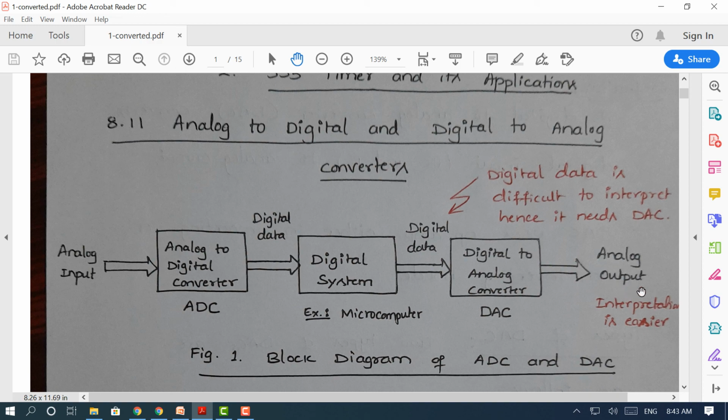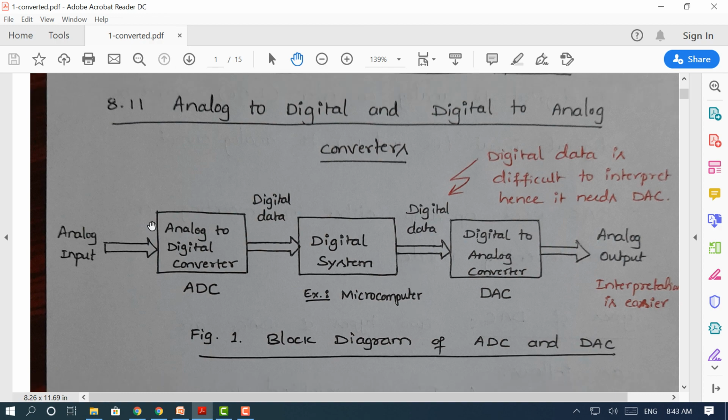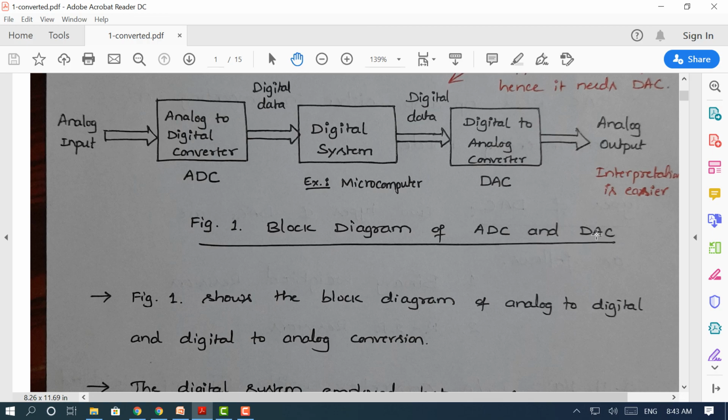So therefore, the analog data is more convenient than the digital data for interpretation. Okay, so this block diagram represents various blocks involved in conversion of analog data to digital, then processing the digital data, then converting digital data back to analog format. Okay, the same is discussed in the following notes.